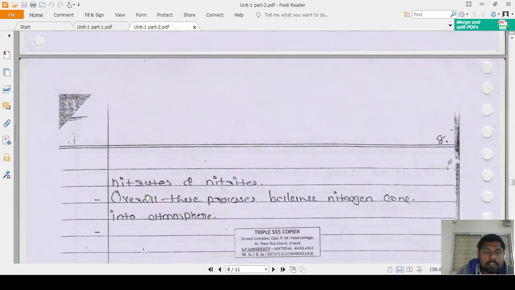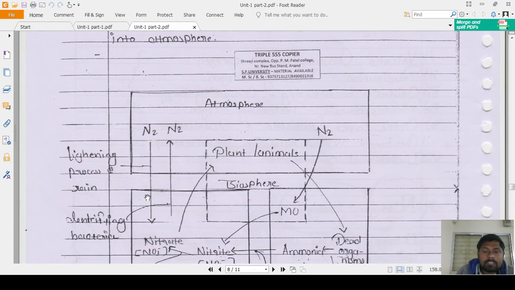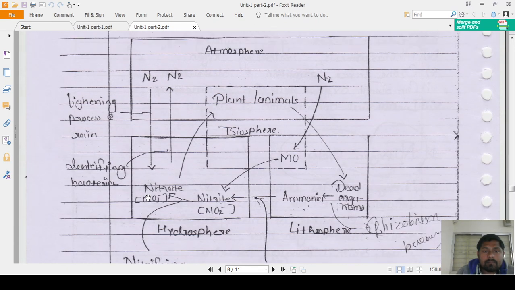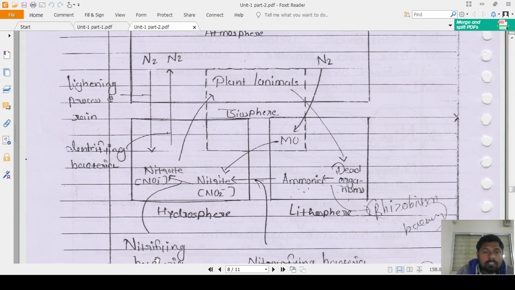So, in the nitrogen cycle, the atmosphere is the nitrogen source, and through organic metabolism they convert into nitrites, NO2 minus. These are the main processes in plants or animals, that is, in the biosphere.